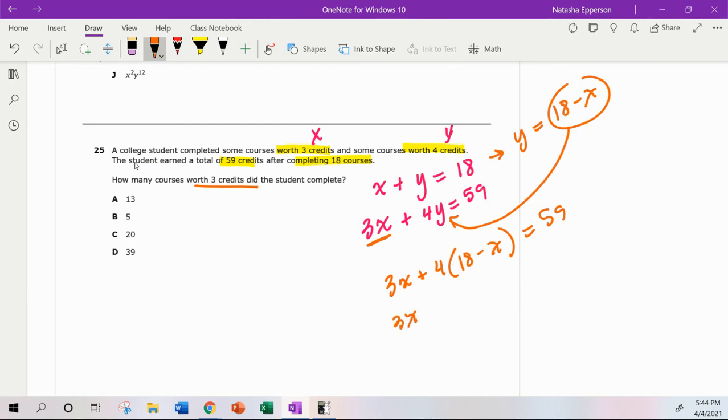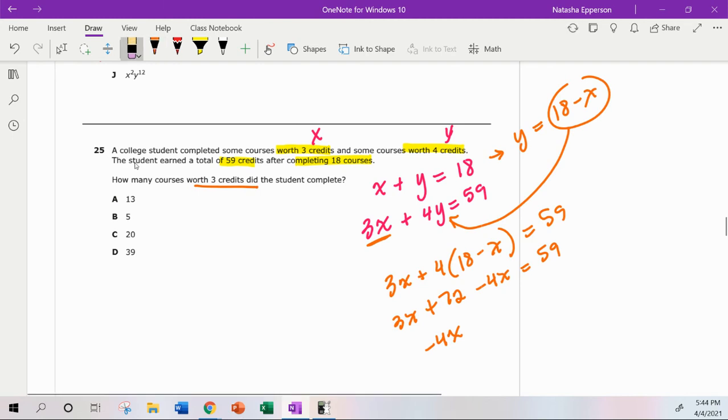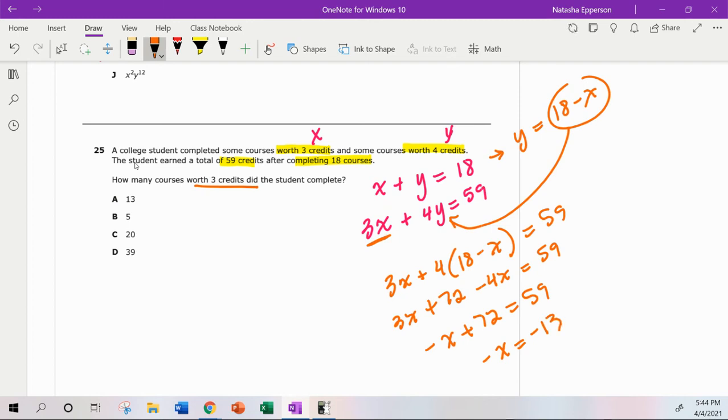So this becomes 3x plus 72 minus 4x is equal to 59. That's going to become negative x plus 72 is equal to 59. We're going to subtract 72 from both sides. That gives me negative x is equal to negative 13. That's then going to give me x is equal to 13, which is our answer choice, A.